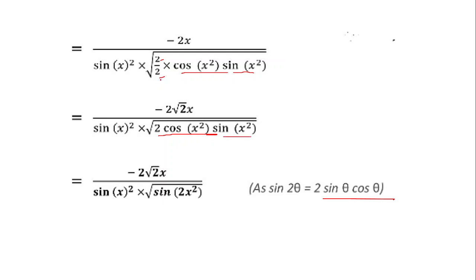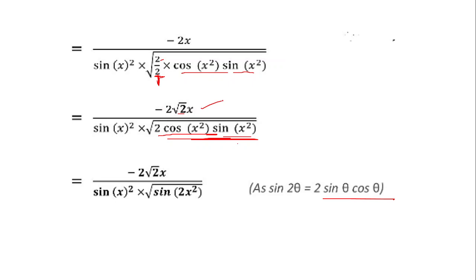Here 1 by root 2 will be there in the denominator. I have taken 1 by root 2 outside, and when I shift that to the numerator, it becomes minus 2 into root 2 into x.